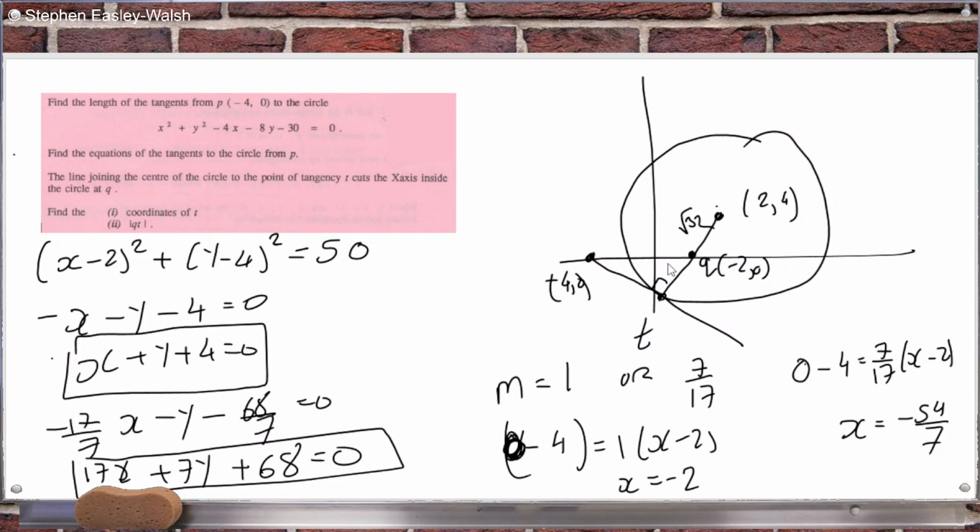So root 50 minus root 32, that's root 2. So that distance there is root 2. And the slope is 1. So it means this distance is 1 and this distance is 1. So you would just have to come across 1 and down 1. So that would mean here go an extra unit to the left. So that's minus 3. And then go down 1 unit. So that's minus 1. And the distance QT I worked out is root 2.